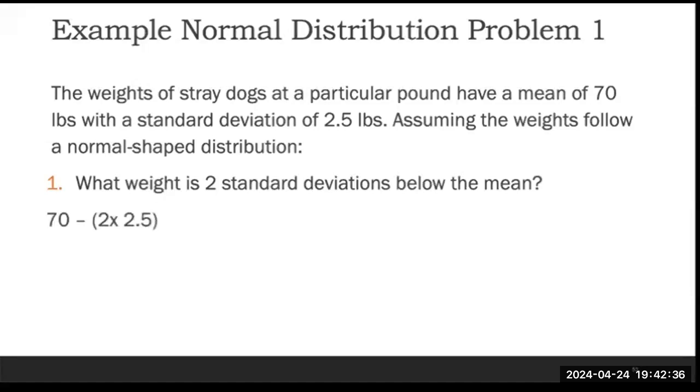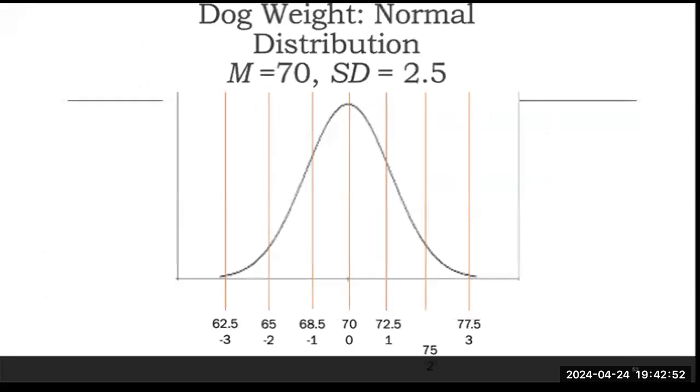So 70, take away 2 times 2.5, which is 5. So the weight of 65 pounds is 2 standard deviations below the mean. Very easy to answer, especially if you've already drawn that curve. So this is what I would recommend you do for any standard normal distribution problem.